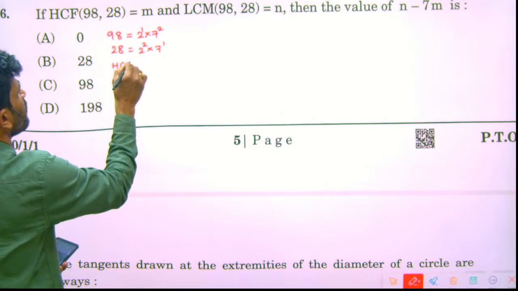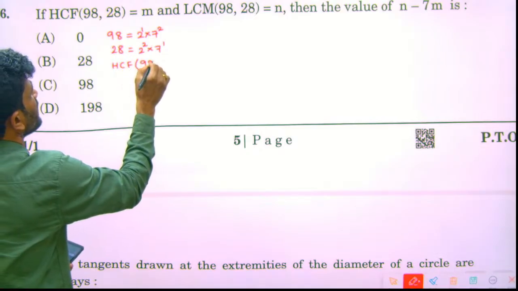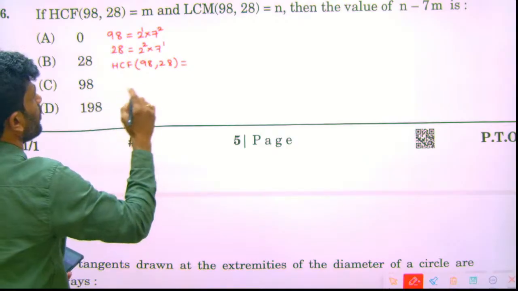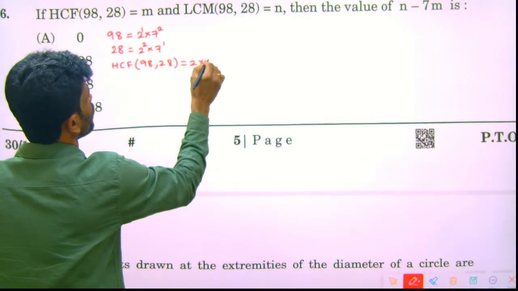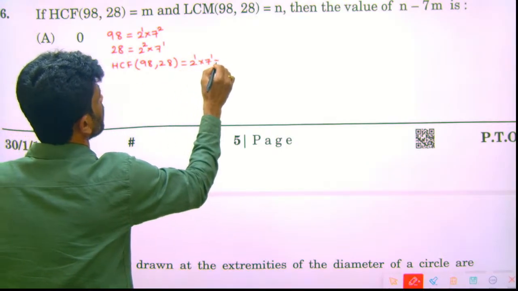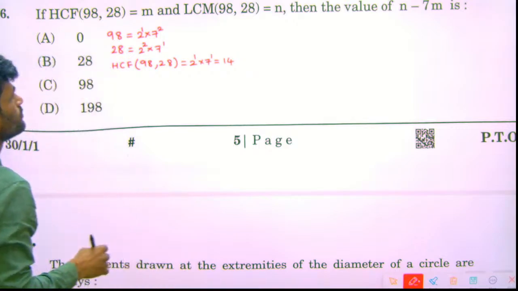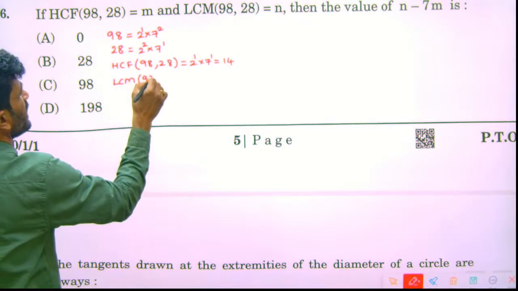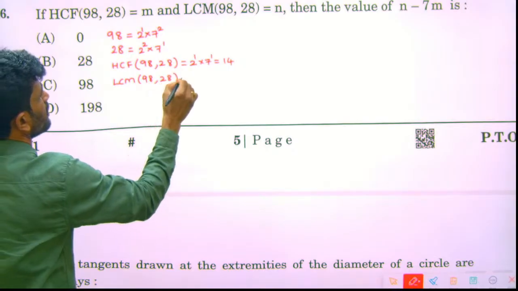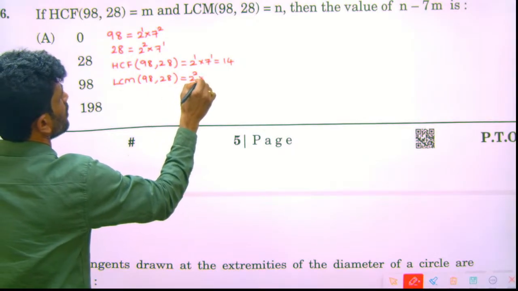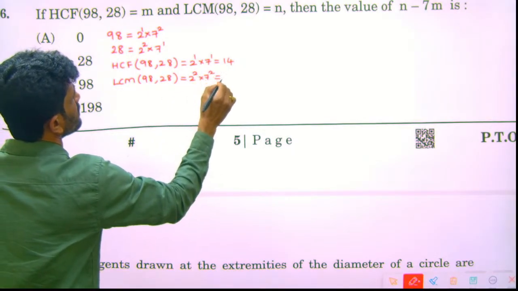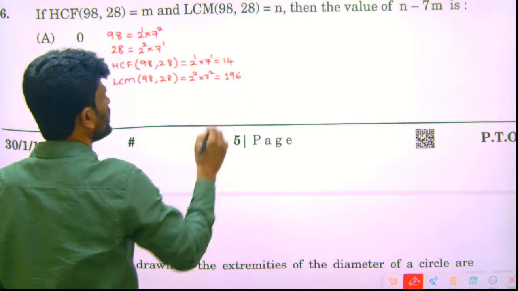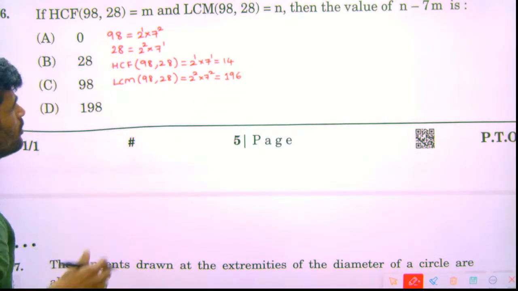HCF of 98, 28: we take only common factors 2 and 7 with their lowest powers, 2 power 1, 7 power 1, which is 14. Similarly, LCM of 98, 28 is 2 power 2, 7 power 2, that is 196, because 4 into 49 is 196.